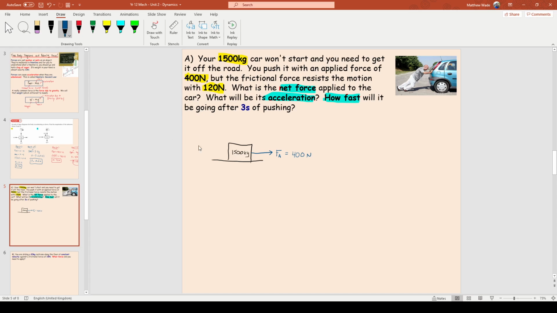It says that there's a frictional force. Now, friction forces oppose motion. Like you know that for sure. So if there's friction, it's going to slow you down, and it's going to go this way. Now it's a force of friction. I'm going to call it F subscript f for the force of friction, and it says it's 120 newtons, like a beast. Cool. Now you might think that that's it, that those are the only two forces, but we're going to go for the vertical ones too.